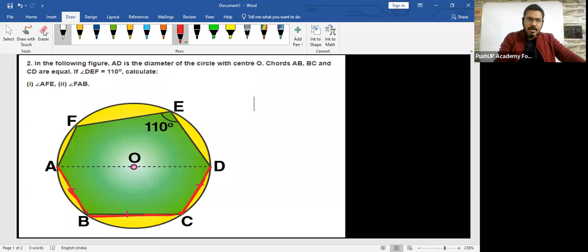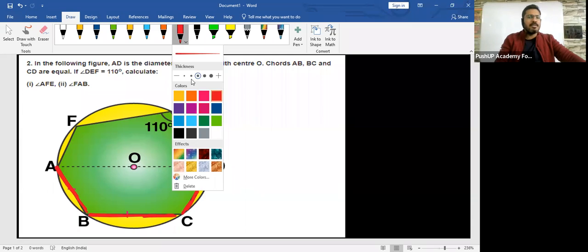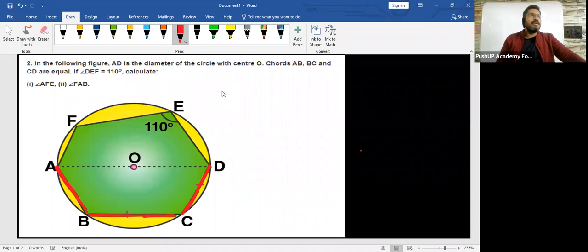I didn't want to tell you this in advance because I was just checking how many of you will remember this property. There is some reason that they have said these three chords are equal. Just to give you a clue, these three chords will subtend the same angle at the center and even on the circumference. So keep that in mind.